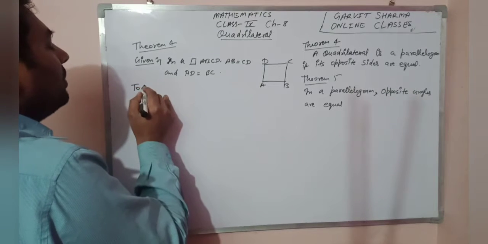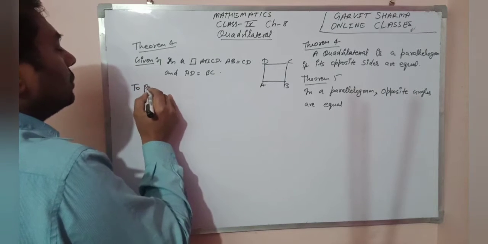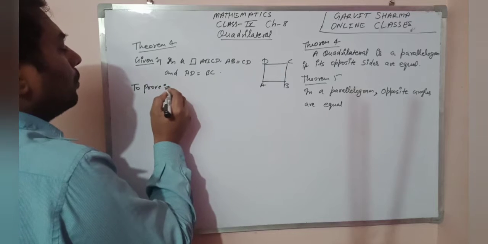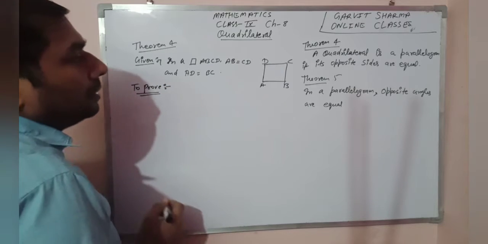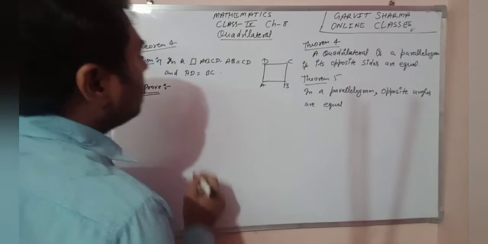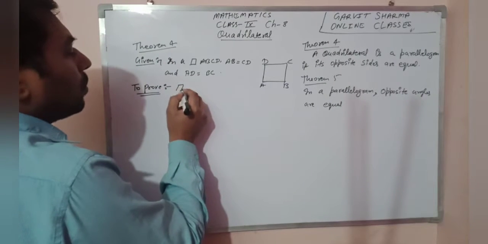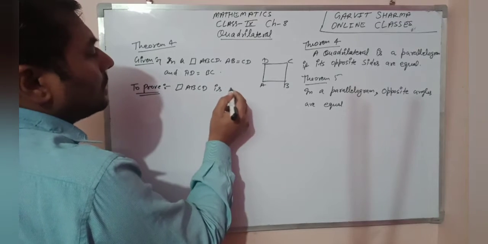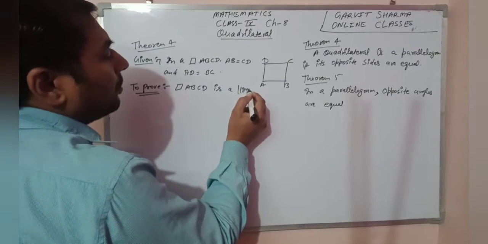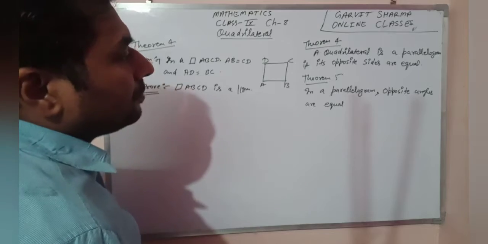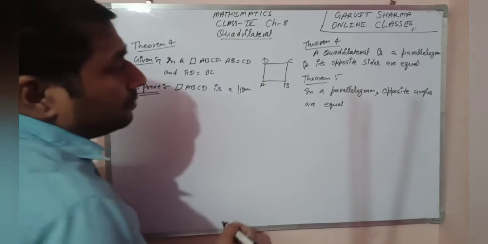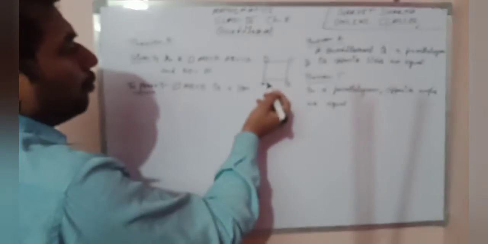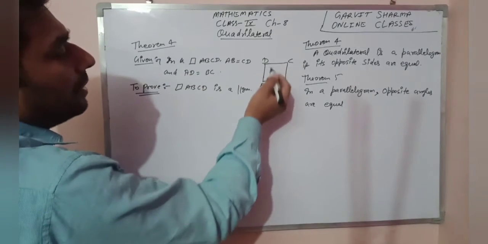To prove, what will we have to prove? To prove: quadrilateral ABCD is a parallelogram. We have to prove it. Theorem 4, opposite sides are equal.